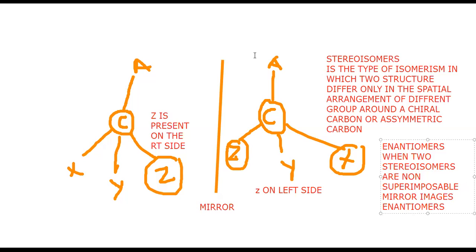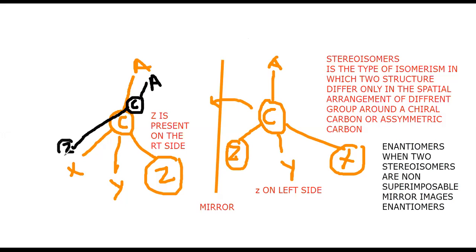Suppose I use another color, and I take this image and place it here, where this is a carbon, and this is A here, then this is Z here, this is X here, and here it is Y. So the two structures do not superimpose, hence they are called enantiomers.